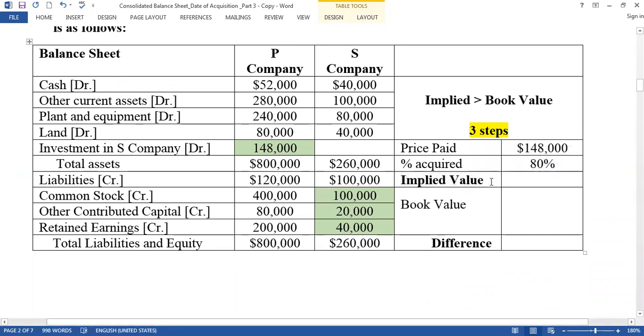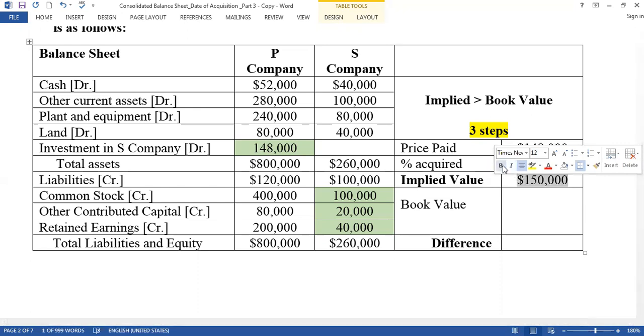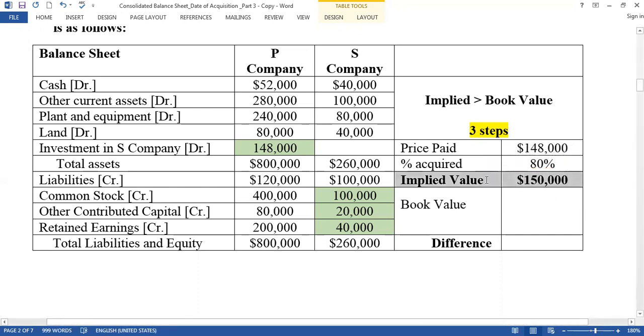Implied value means the market price of the subsidiary, and it is $150,000. So the market value of the subsidiary company is $150,000.